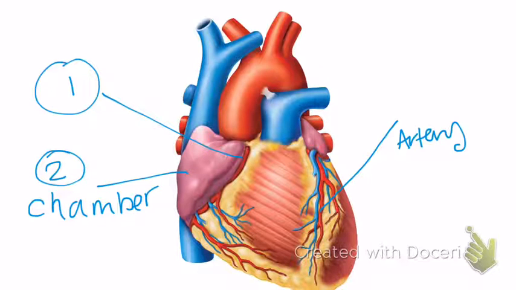That would be the right atrium. And then the third one right here, that would be the anterior interventricular artery. So anterior on the front, inter in between the ventricles. That's where the word interventricular comes from. And then artery. That would be your widowmaker. So hopefully you've studied your lecture notes already and you know that.